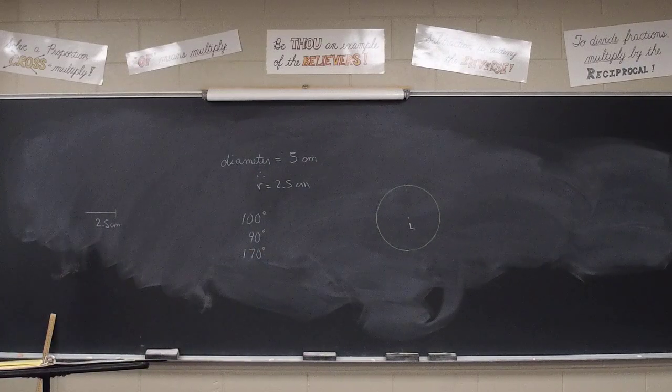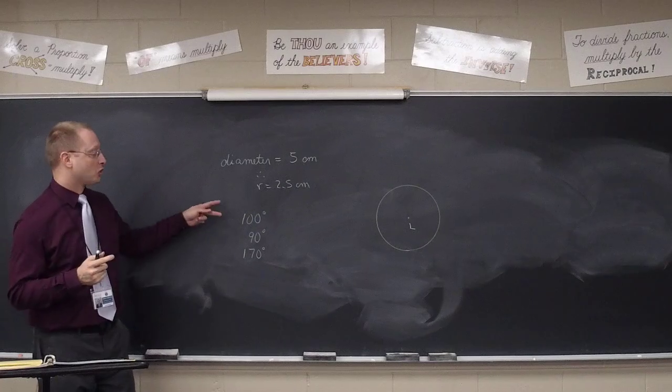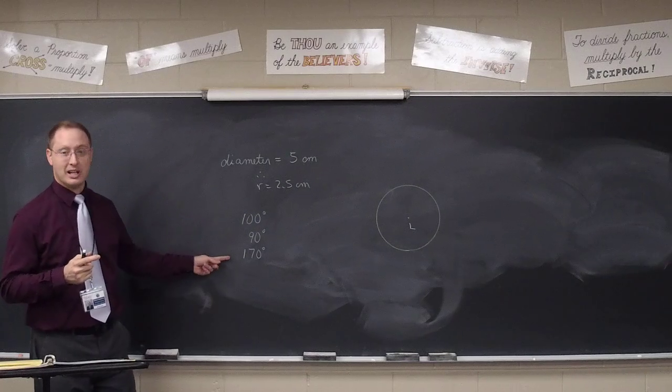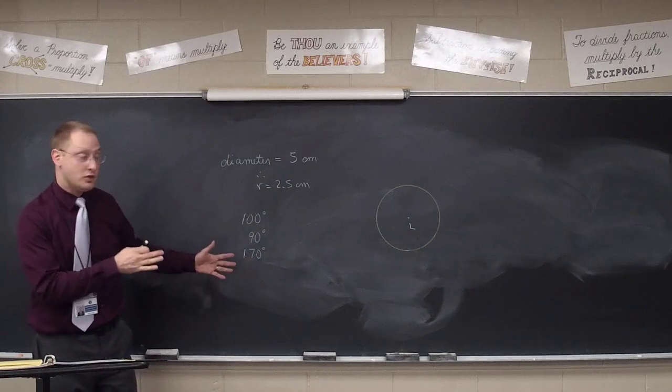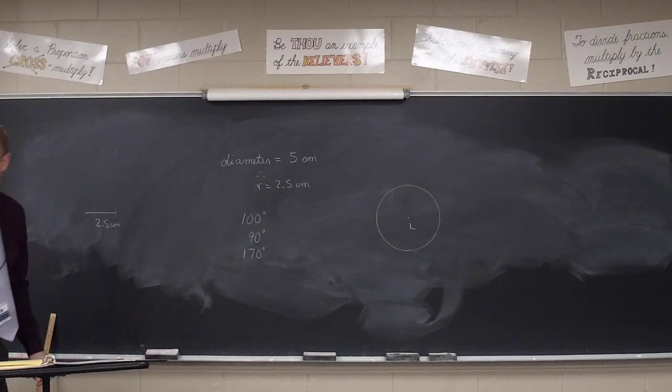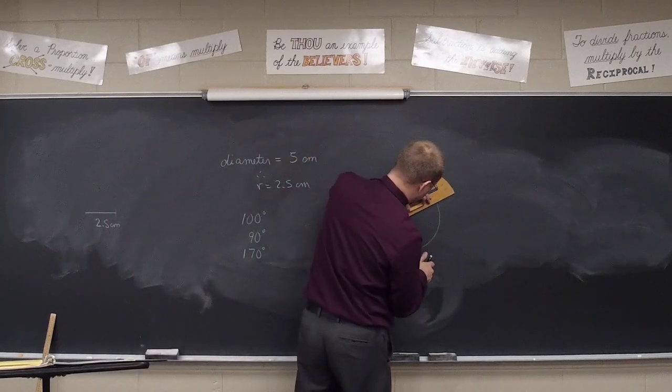Question, class, how many angles do I have to draw? 2. But there's 3, Mr. Nadaski. Right. But once you've drawn the first 2, you realize the third one's already going to be there, as long as these add up to 360, and they do. So go ahead and take your protractor, and using the straight edge, draw some radius.